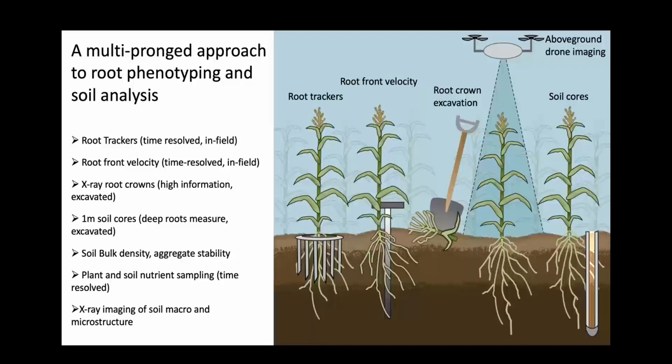And something also I won't have the chance to talk about today was X-ray imaging of soil macro and microstructure, because we've got these X-ray systems and we can really start to map, in particular, the pore structure and the topology of the pore structure. And for example, if we compare a native prairie soil to a conventionally managed agricultural soil, huge differences in the amount of pore volume, huge differences in how they're connected and how evenly the connections are.